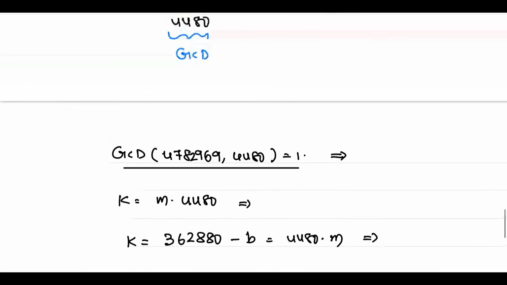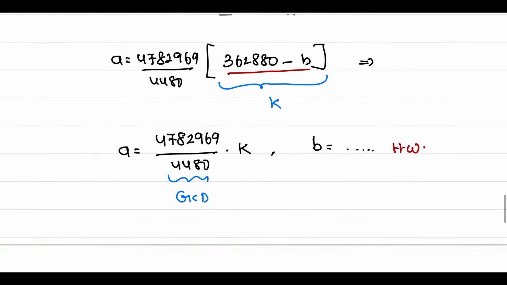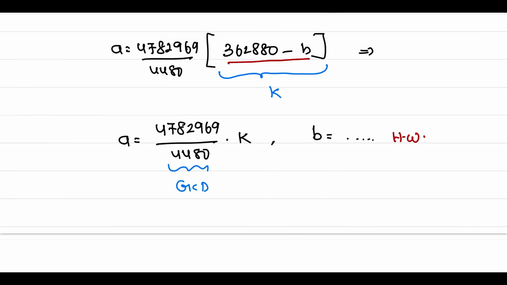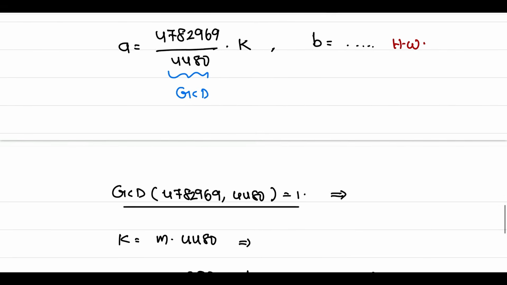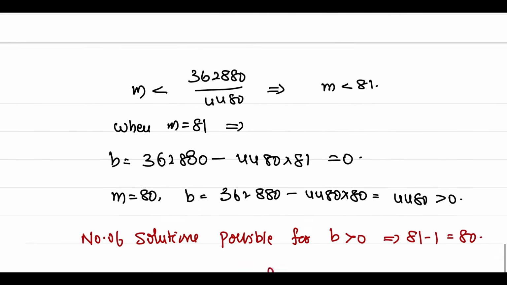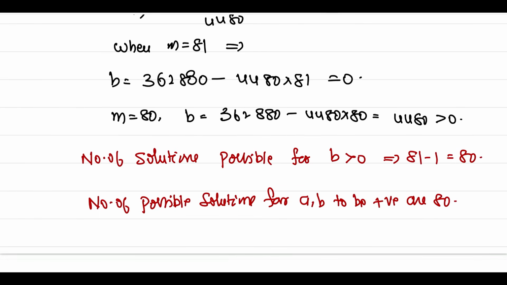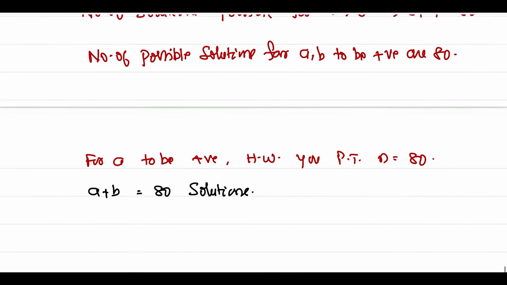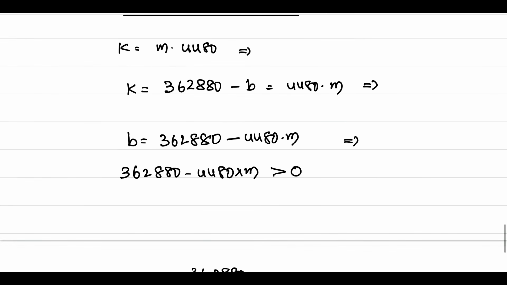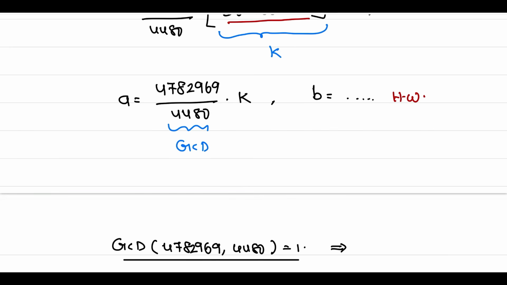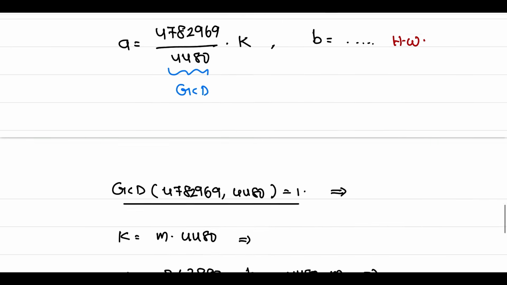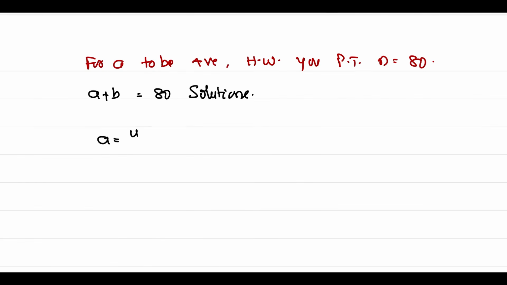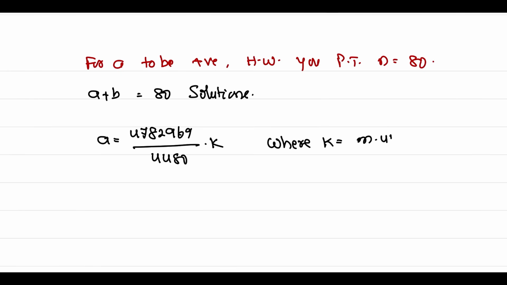What is the value of A? A is equal to 4782969 by 4480 into K. Because K is taken as 4480 into M, that is 4782969 into M. A is equal to 4782969 by 4480 into K, where K is taken as M into 4480.